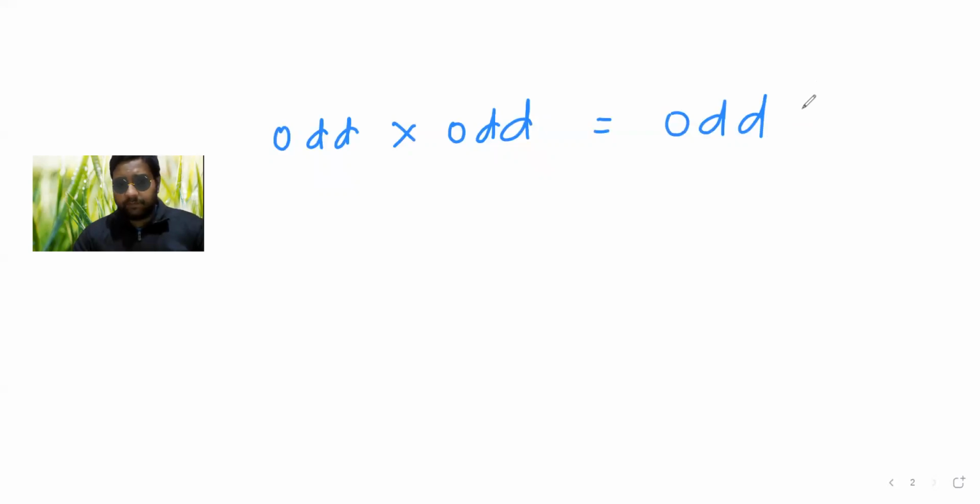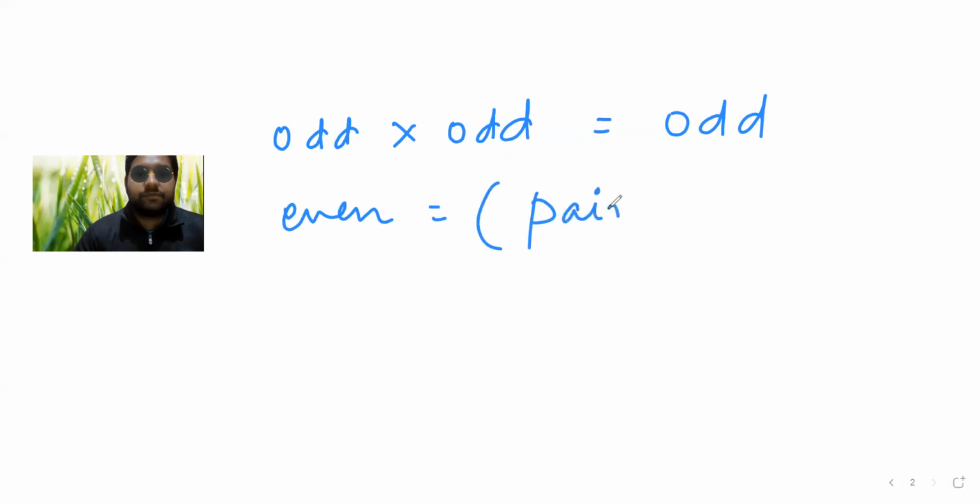So let's come to the first thing, which is an odd number multiplied by another odd number. The resultant product will be an odd number. Now let's first understand, if we have to visualize an odd number or an even number, what is an even number? An even number is any number that you can express as pairs. So for example, let's take two balls.